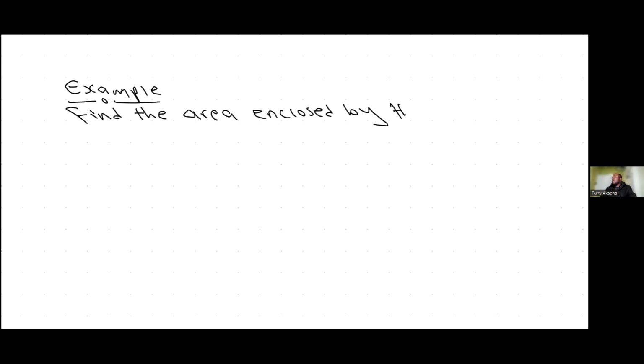So we have y is equal to x squared minus 9, and we also have a second curve, y is equal to minus x squared plus 9. Okay, we have these 2 curves, and we're told to solve this.